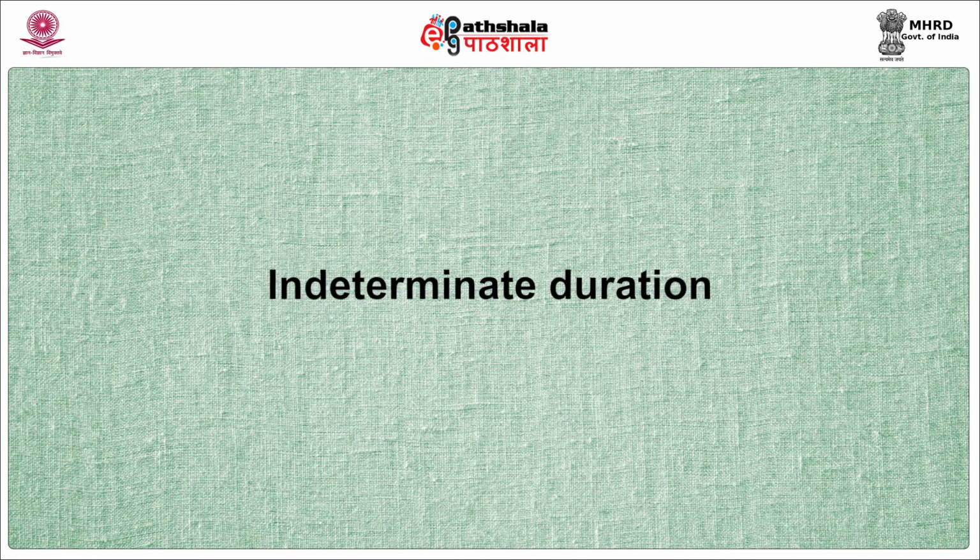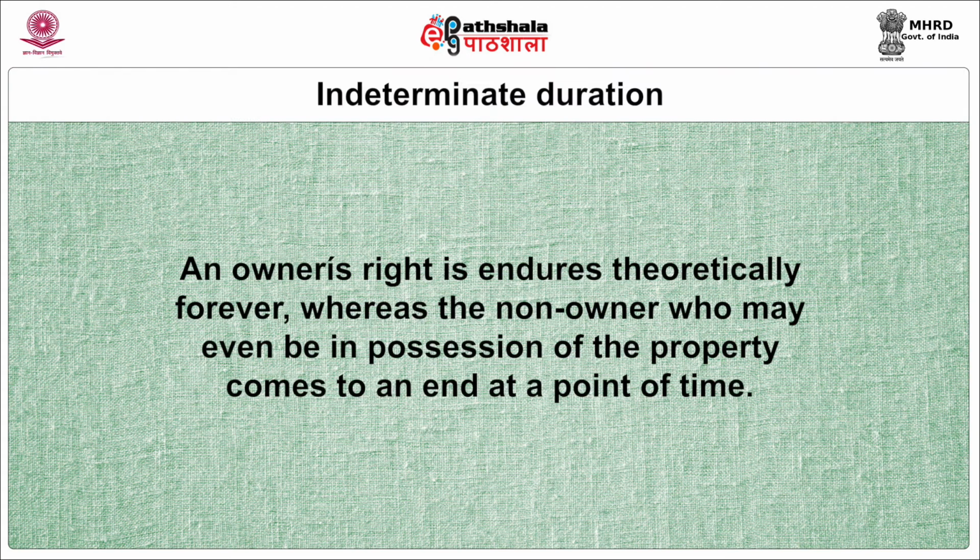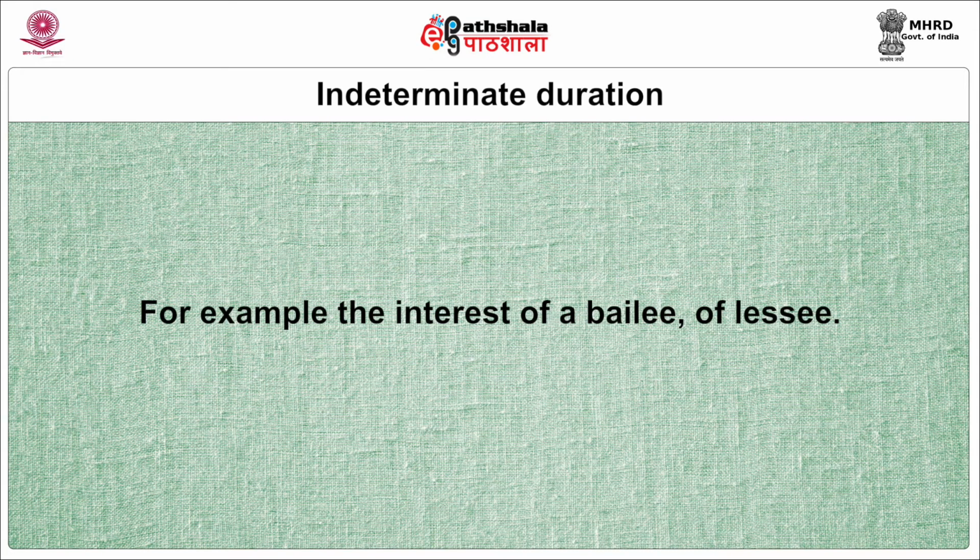Indeterminate duration. An owner's right endures theoretically forever, whereas the right of a non-owner, who may even be in possession of the property, comes to an end at a point of time. For example, the interest of a bailee or lessee.